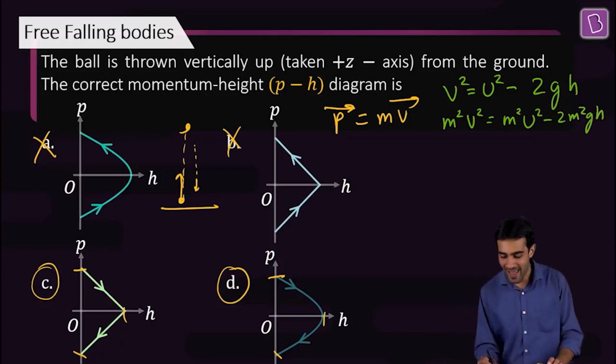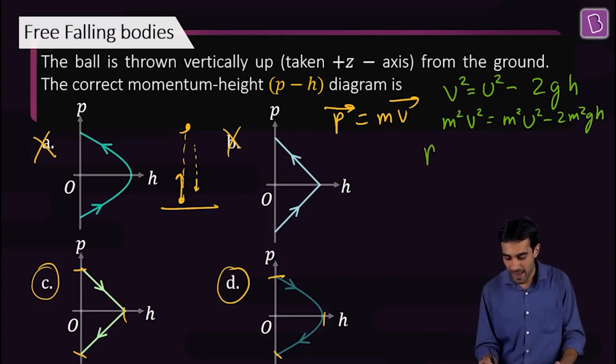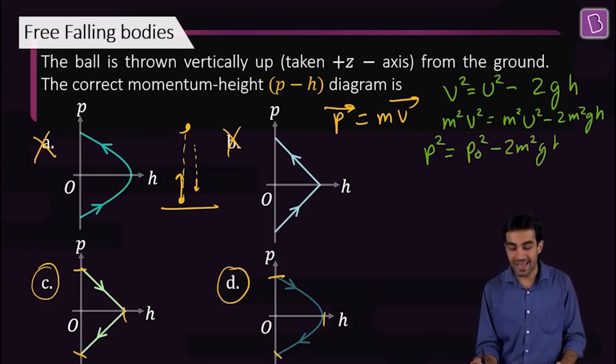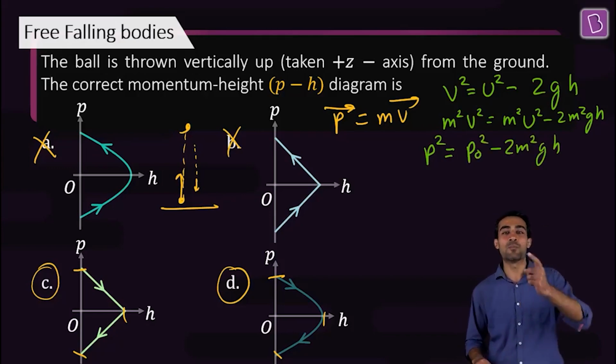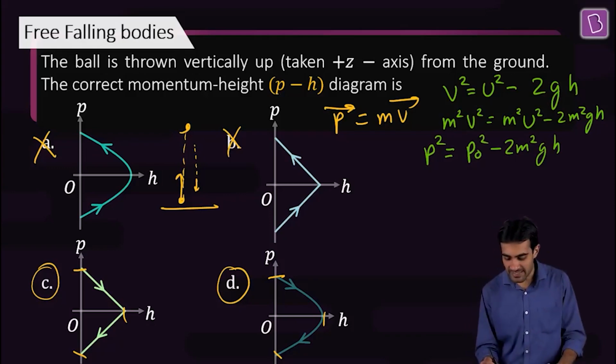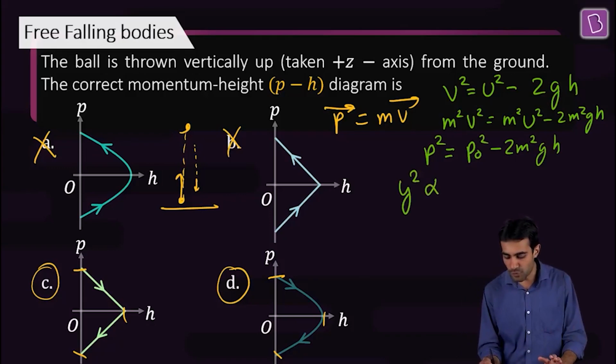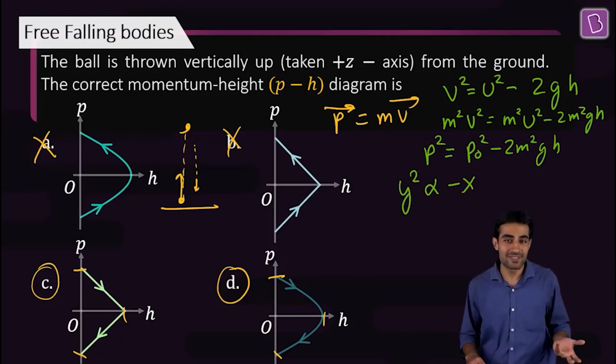And now mv is the momentum. So we have the equation: momentum squared equals initial momentum squared minus 2m squared gh. This is the equation between momentum and displacement. And can you see that this equation is something like y squared is proportional to minus x plus some constant, obviously.